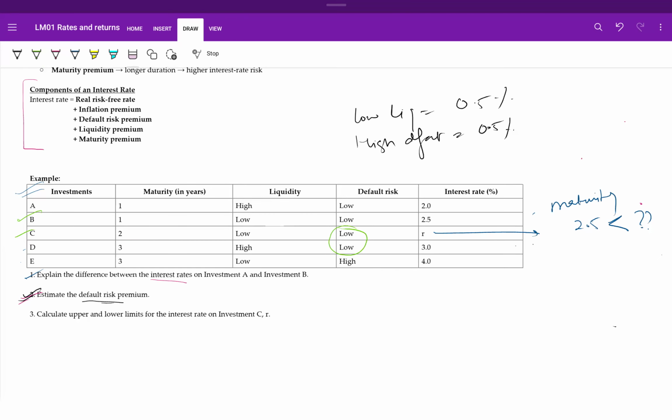Rather than comparing this thing, let's compare investment C and E. So here the liquidity is low and the default is low and high.